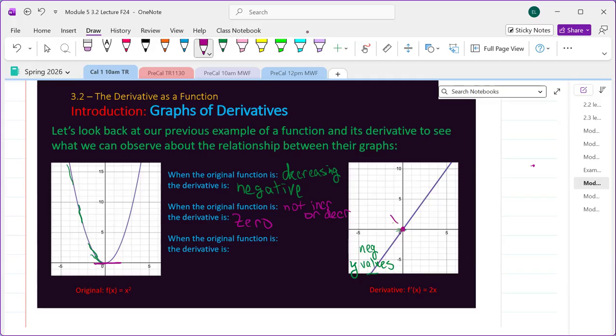Our derivative is 0. And then when our function is increasing, the derivative is positive.